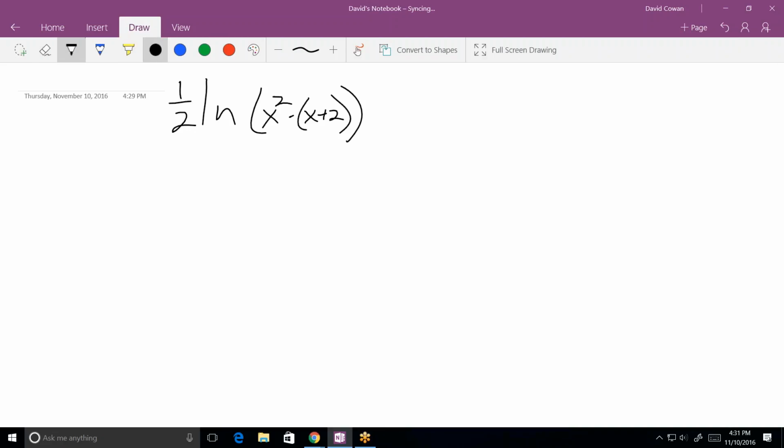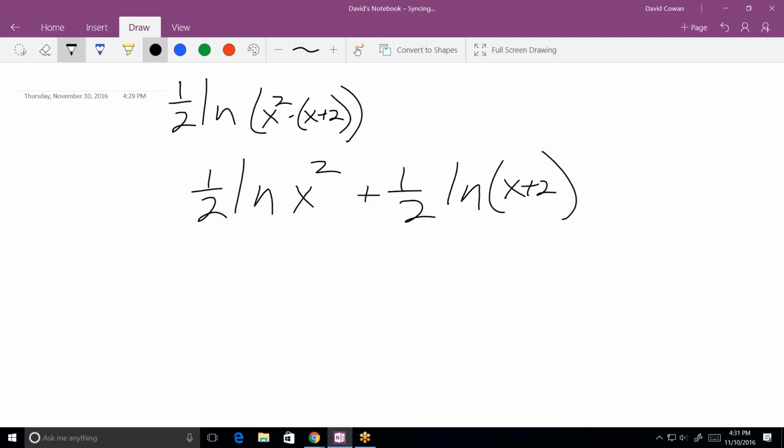So I got natural log of x squared times 1/2 plus, and the 1/2 has to go with both terms, natural log of x plus 2. With me? Now I can take that 1/2 and put it back with that exponent and turn that into natural log of x plus 1/2 natural log of x plus 2.